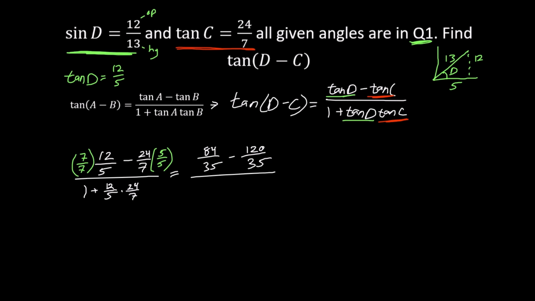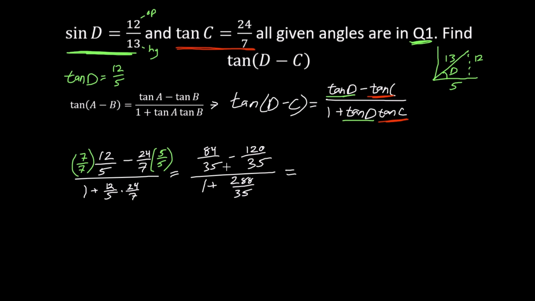Down here, I'm going to do another little step as well. I'm going to multiply these two fractions. Since they are fractions, you can just multiply straight across, and you get 288 over 5 times 7, which is 35. So in this step, we've found a common denominator, and we've multiplied these fractions.